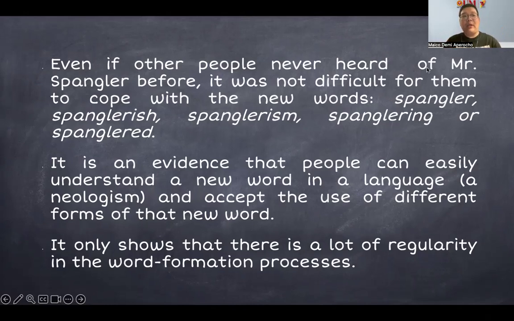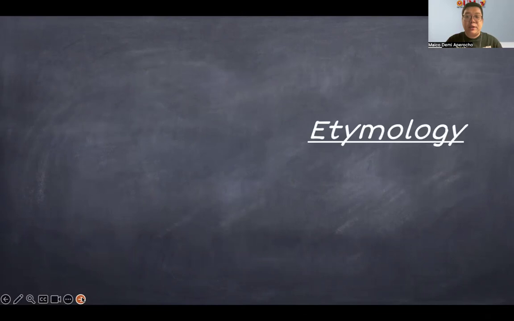So, for example, if the terms Spangler, Spanglered or Spanglerism were widely accepted by a lot of people who could easily understand what such words mean, then it became an example of neologism. So this only shows that there's a lot of regularity in the word formation processes, especially in the English language.